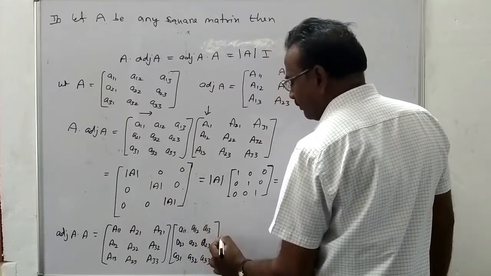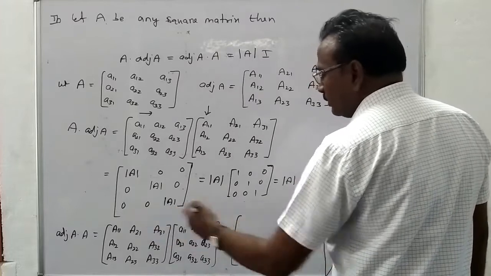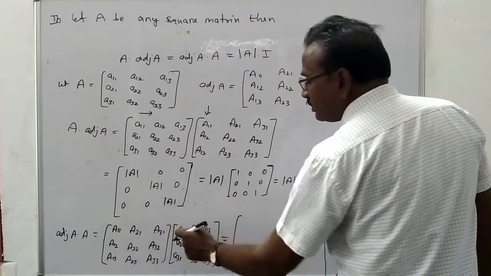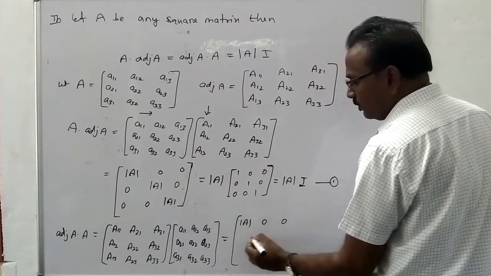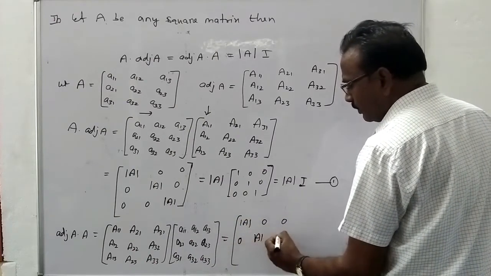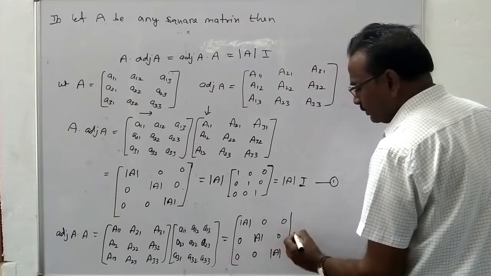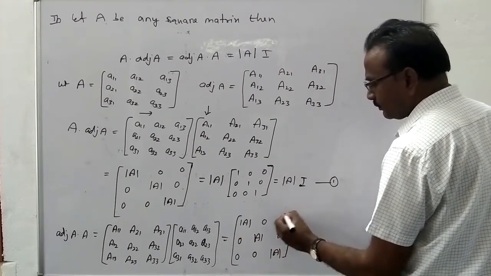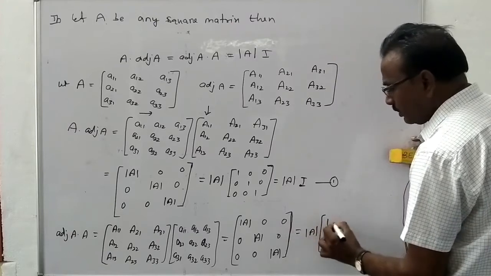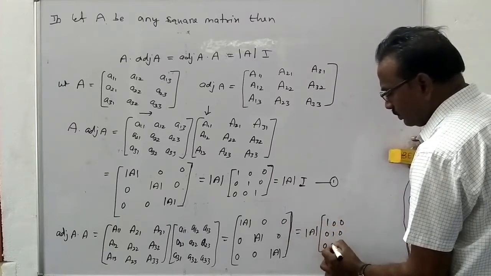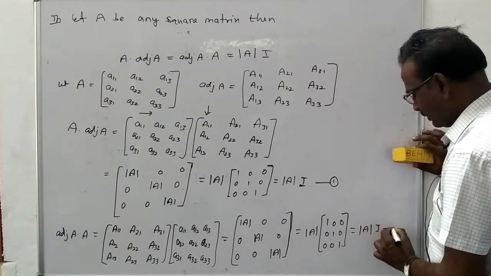Again, the sum of the product of the first row with the first column, the suffixes are the same, the value is the determinant of A. The other diagonal values are also the determinant of A and the rest are 0. Taking the determinant of A outside, into 1 0 0, 0 1 0, 0 0 1, the value is the determinant of A into the identity matrix. That is equation 2.